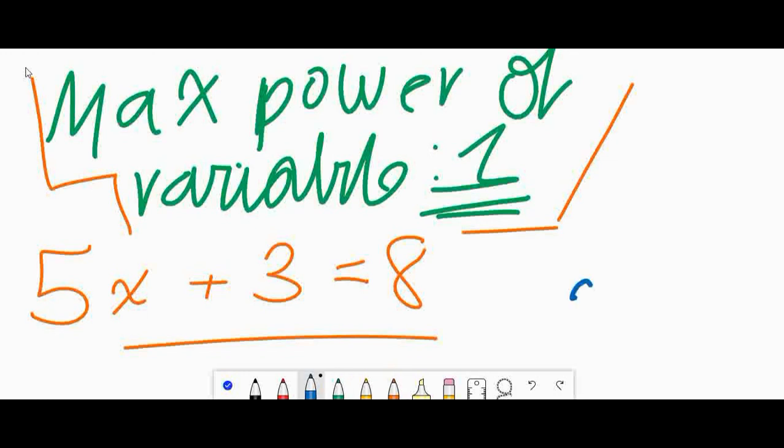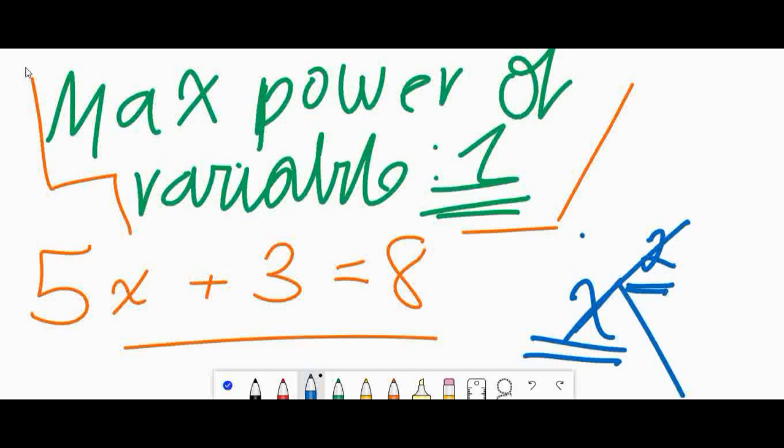Let's say we have the random number x, and there's a little number on top. That is the power. The maximum power should be 1. So if the power of the variable, or the unknown, is 2, that's not a linear equation. But let's suppose it's x and there's nothing on top. If there's nothing on top, it means the power of the variable is 1, which makes it a linear equation in one variable.